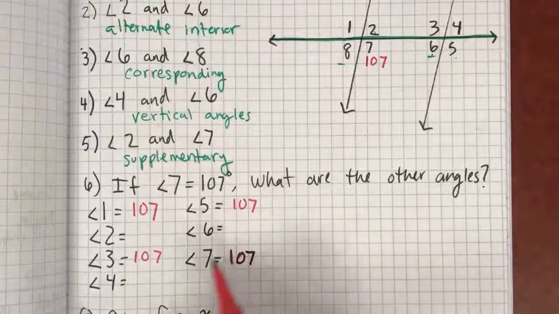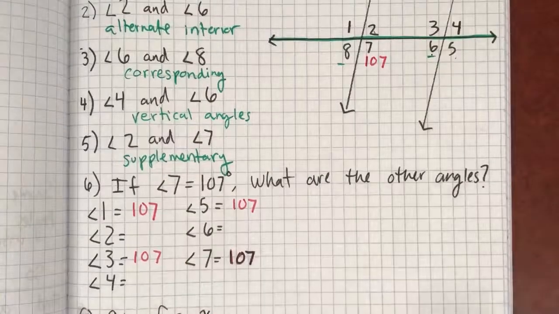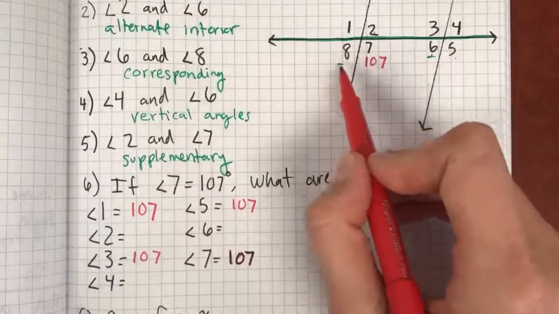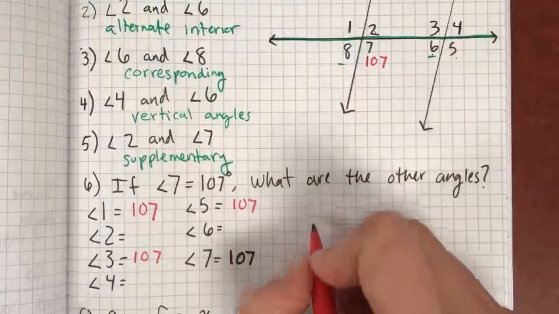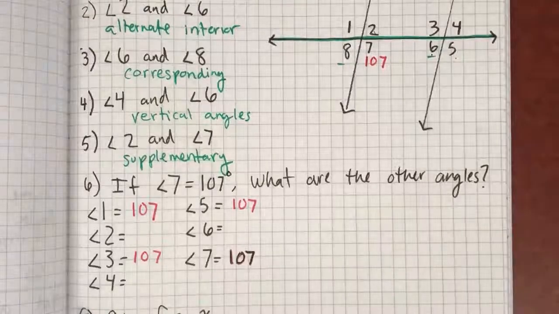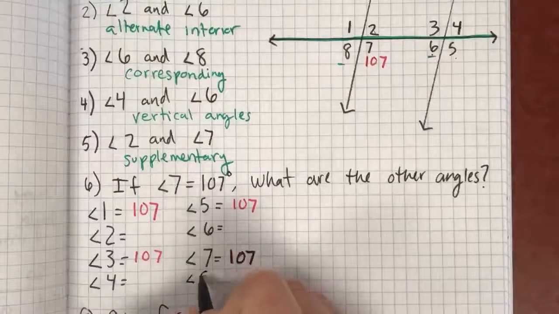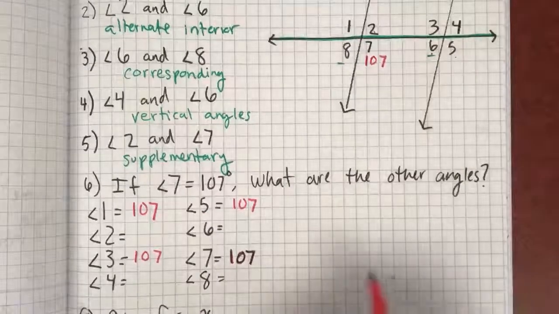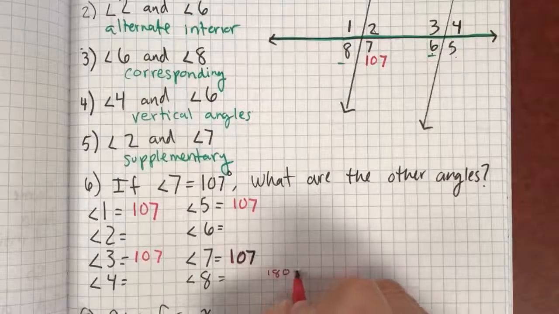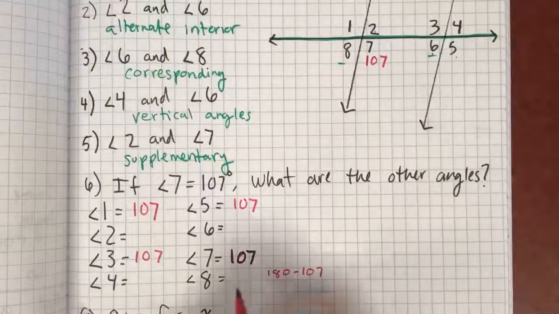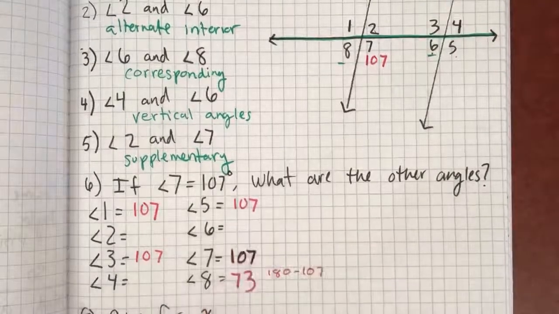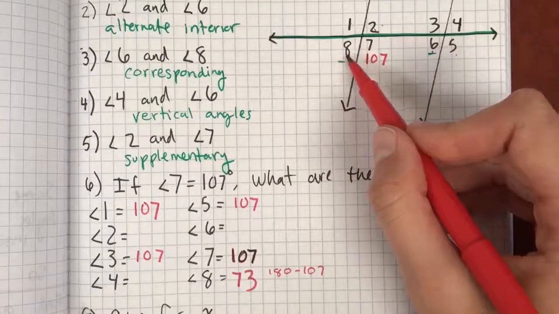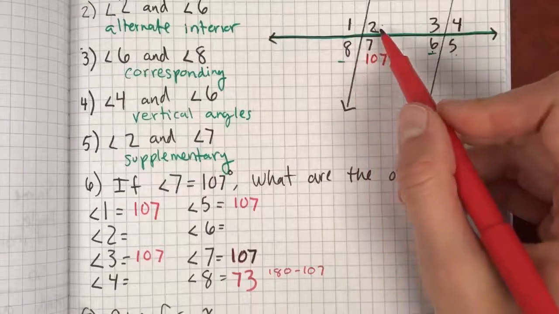So now let's find our other angles. We need to know that 7 and 8 add up to 180 degrees. So to find angle 8, which I don't have written, it's just 180 minus 107, which is 73. So 8 and 2 are vertical angles, which means they're congruent.